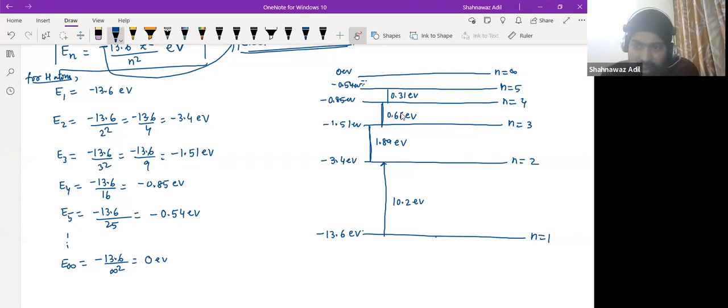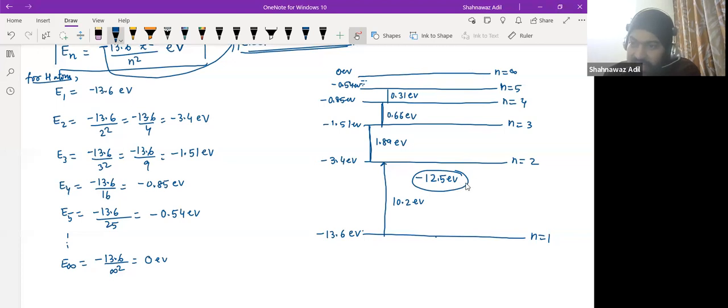And you can see that no electron is in this region. So let's say if I say that one electron has minus 12.5 electron volt, do we have any electron which has this energy? No, right?